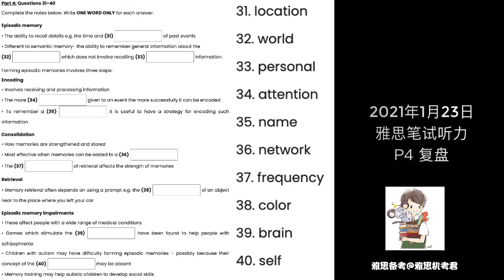The degree to which you can successfully encode information depends on the level of attention you give to an event while it's actually happening. Being distracted can make effective encoding very difficult.